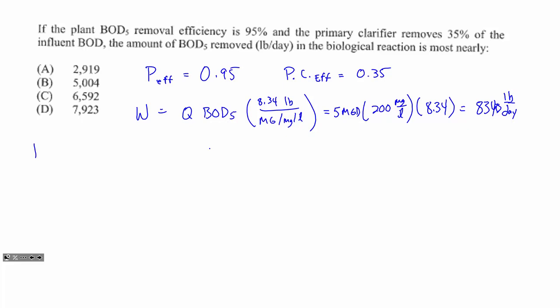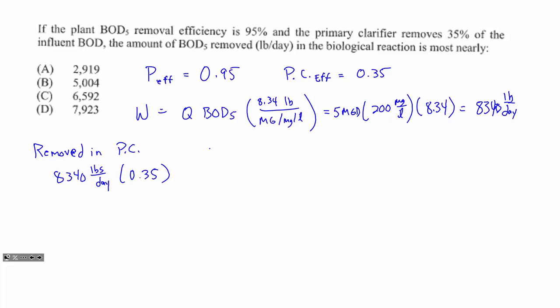So our removal efficiency in that initial step, that primary clarifier, is going to be 35%. All right? So if our efficiency there is 35%, then we can see it's going to be 8,340 pounds per day. That's what's coming through there, times 0.35. Actually, let's do this.